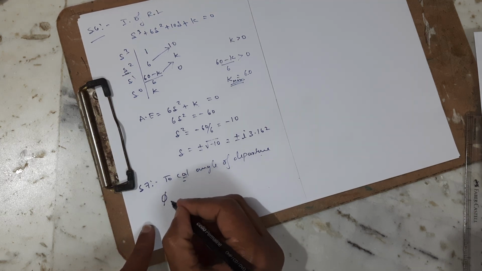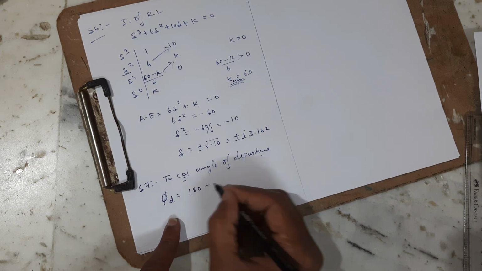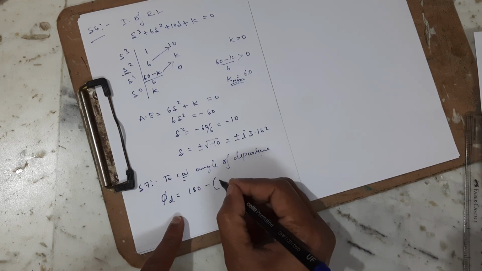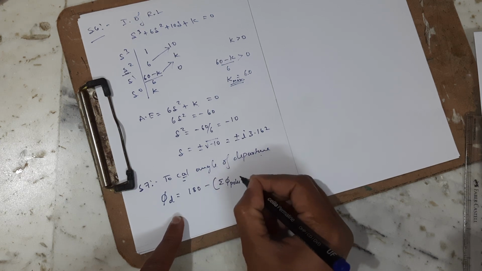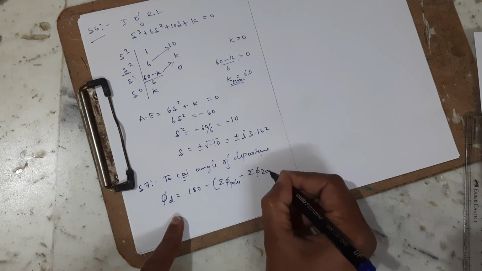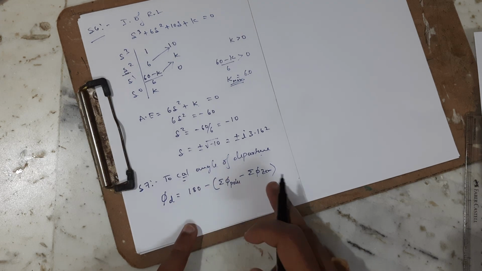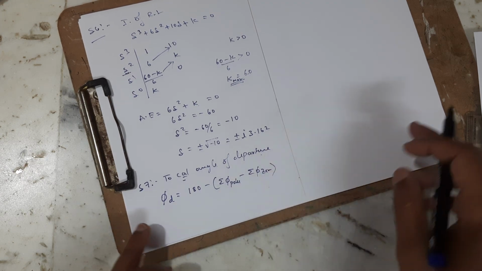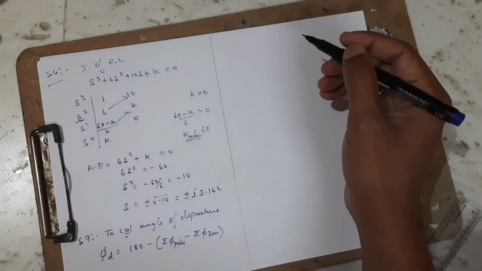The summation of the angle of departure is equal to 180 minus summation of poles minus summation of zeros. How to find the summation of poles and the summation of zeros is very important, so I will explain it over here.